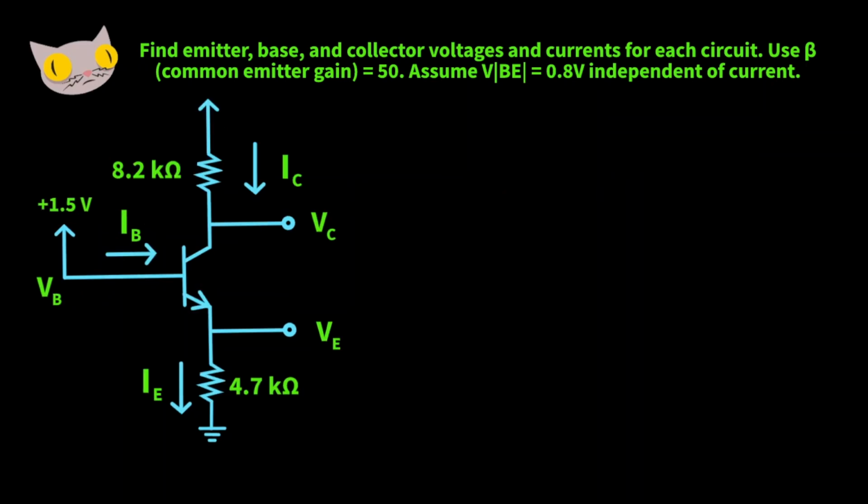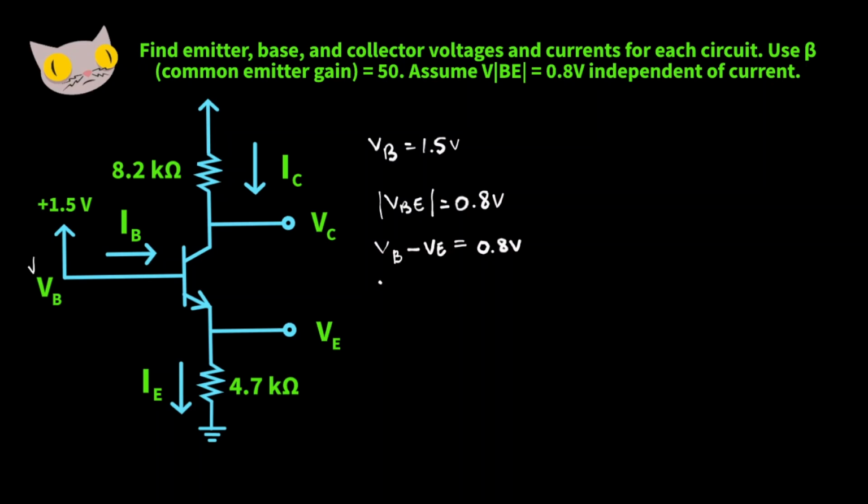So here is our last transistor circuit. Let's start by finding our base voltage, and it's here for us. That's 1.5 volts. For our emitter voltage, we're going to use base voltage minus emitter voltage is 0.8 volts.